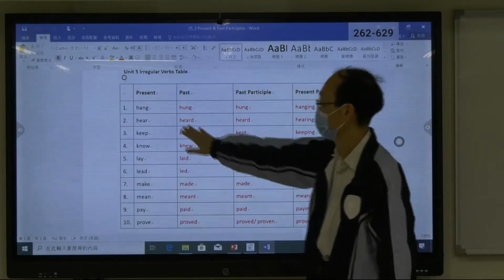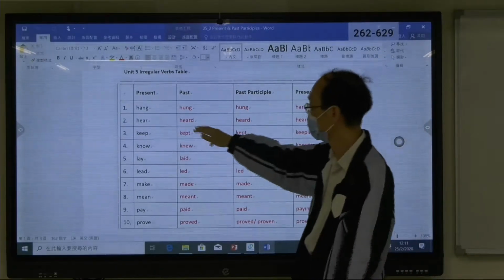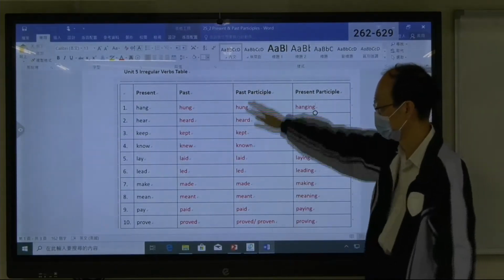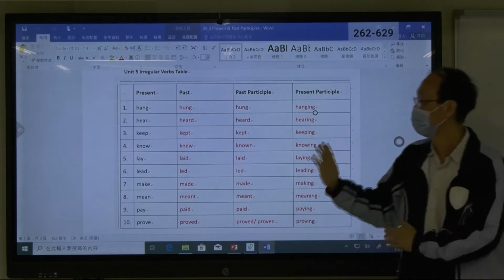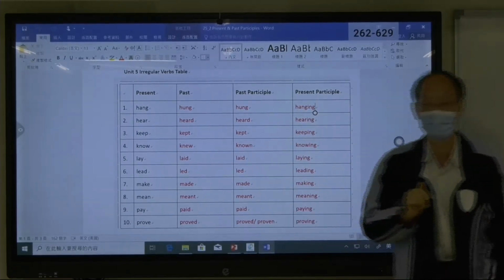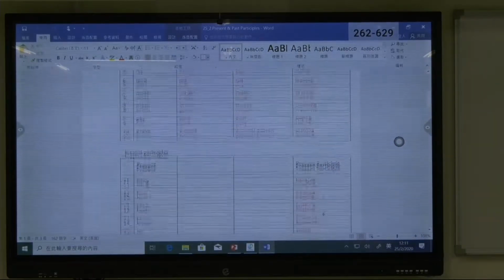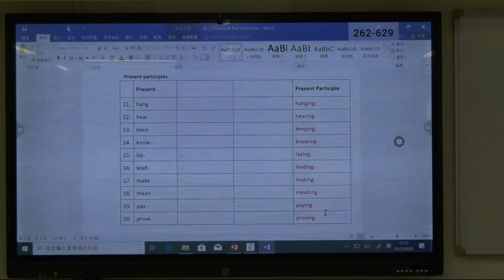Right here, we have hang, hung, hanging, and here, hear, heard, hearing, something like this. Now just focus on the fourth column here.